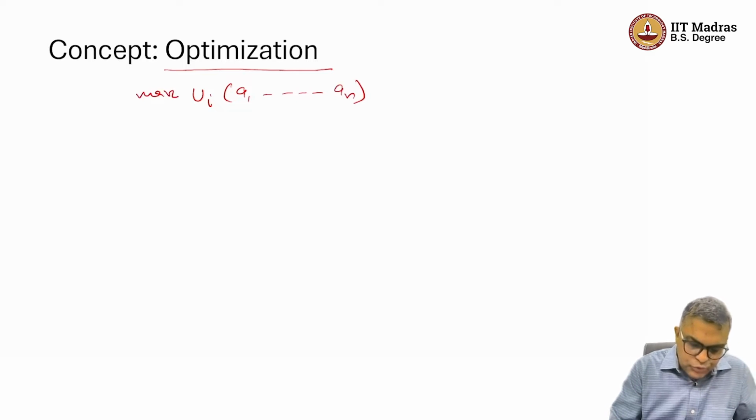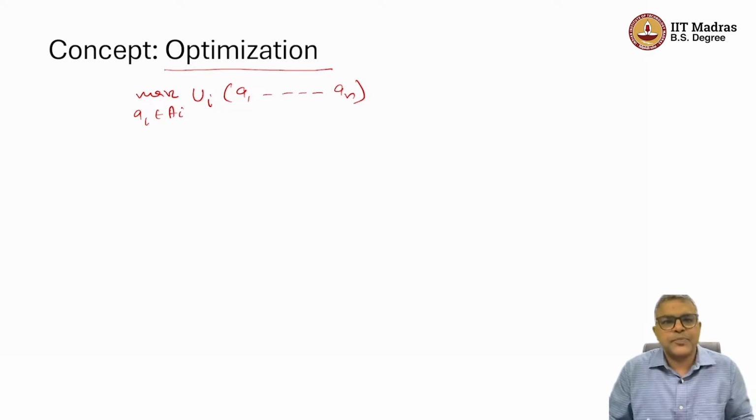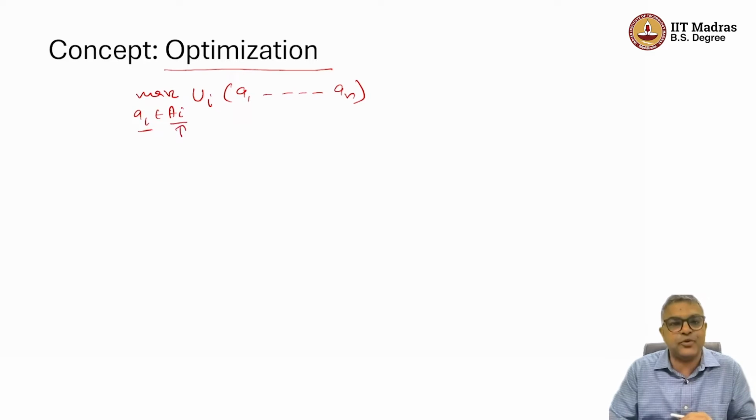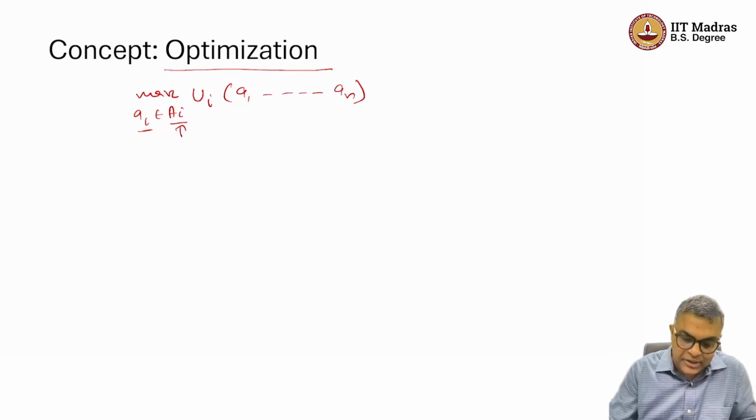She is going to pick an action such that her payoff or her utility is maximized. So she cannot pick anything; she has to look at the constraint given to her, what are the actions available to her. So she is picking from that.